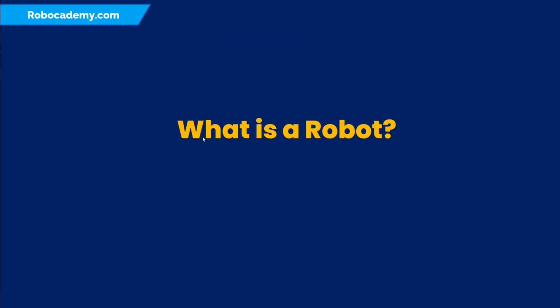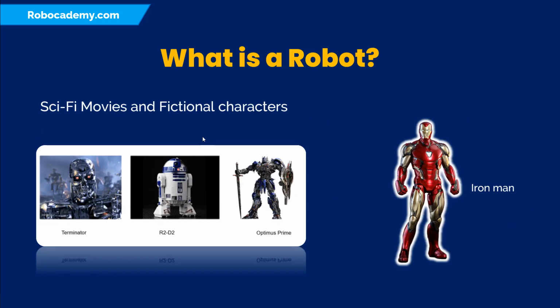Okay, so let's start. Yesterday we saw what is a robot, and most of you may be inspired by watching these movies, and even I am inspired to do some stuff in robotics by watching movies like Terminator and Iron Man. This is an inspiration, and also Big Hero 6 that I mentioned yesterday.